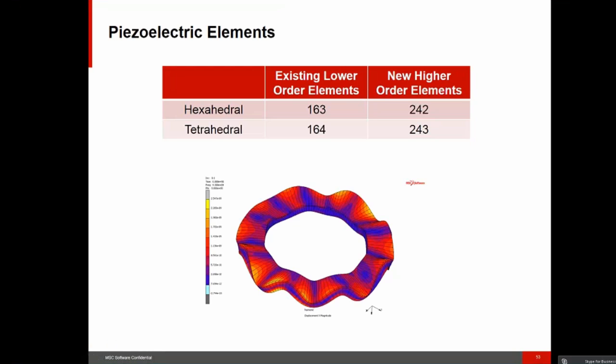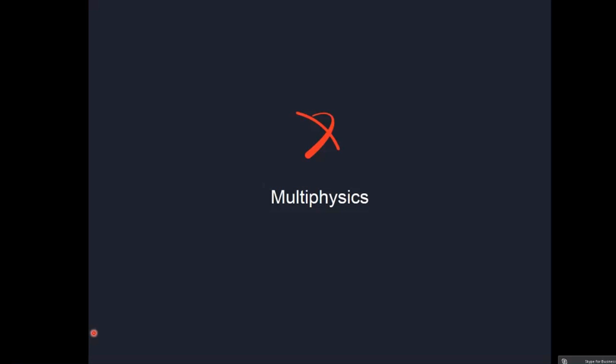We previously had lower order piezoelectric elements, but we've now added higher order piezoelectric elements as well. That gives us a better representation of the bending behavior, because piezoelectric elements are often used in very thin layers.